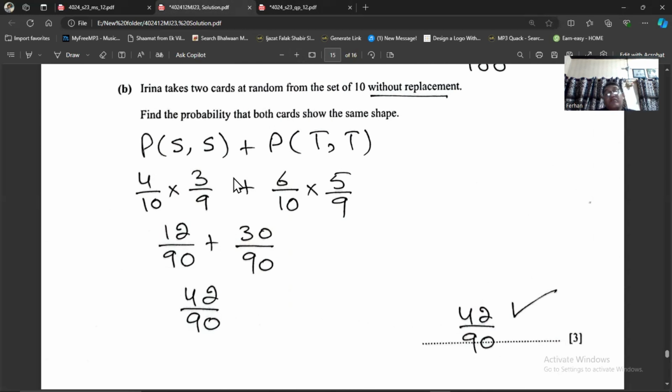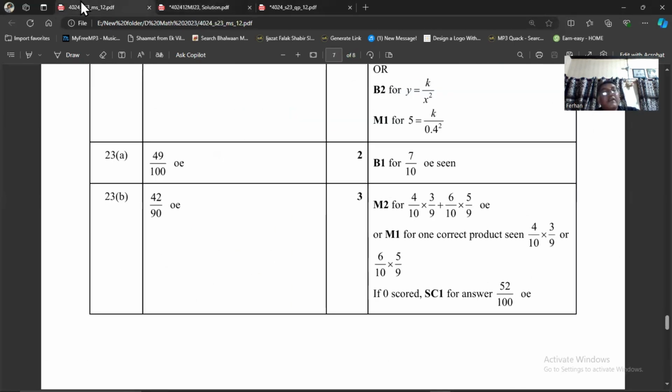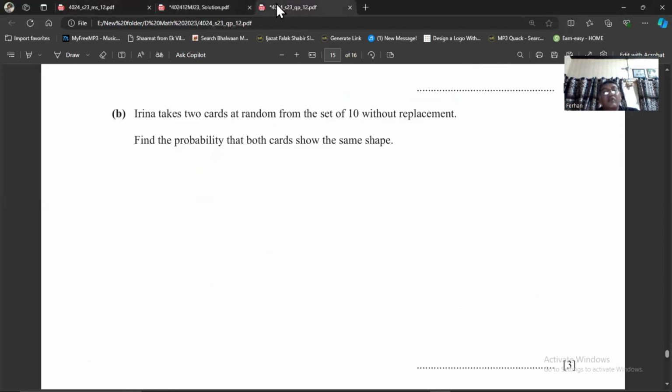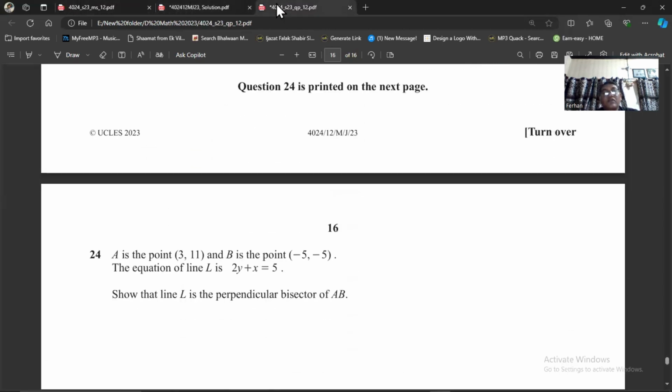So square will be 4 by 10 multiplied by 3 by 9, plus triangle, which will be 6 by 10 multiplied by 5 by 9. So it's 12 by 90 plus 30 by 90. That's 42 by 90. So my answer is 42 by 90, and our answers are right. This is how this is done. I hope you understand.